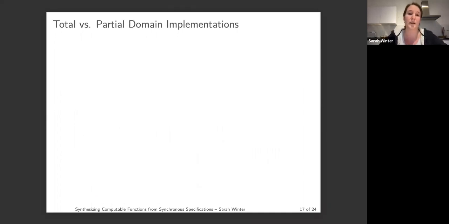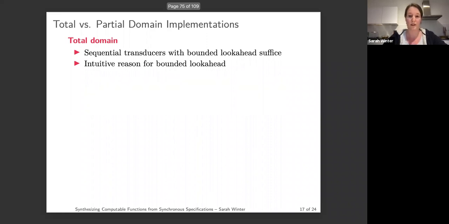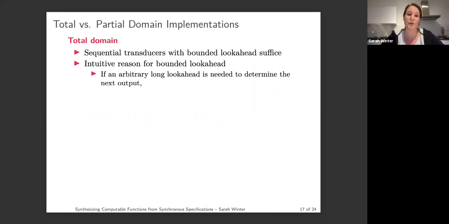So let's compare total and partial domain implementations. We have seen for total domain that if there is an implementation, sequential transducers with bounded look-ahead suffice. Why is this? The idea is if we assume that we have an implementation, but arbitrary look-ahead is needed in order to determine the next valid output, then such a machine may wait and wait and wait.